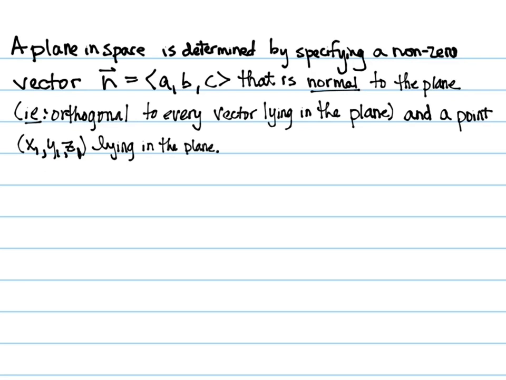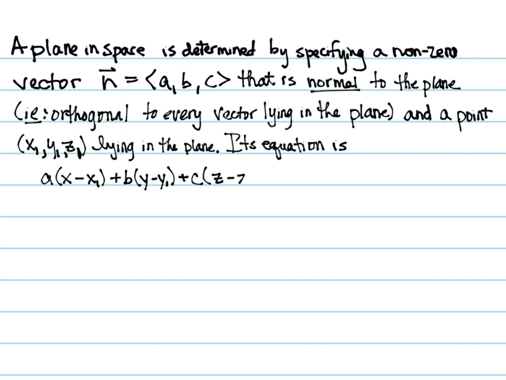Almost done, and we'll stop after this one. Its equation is a times x minus x1, plus b times y minus y1, plus c times z minus z1, equals 0.